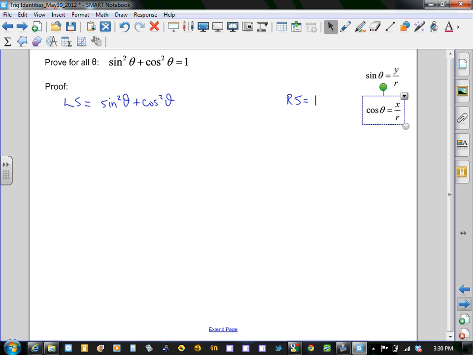The most natural thing to do would be to substitute y over r and x over r in for the value of sine theta and the cosine of theta. But what we're going to do is approach this slightly differently.